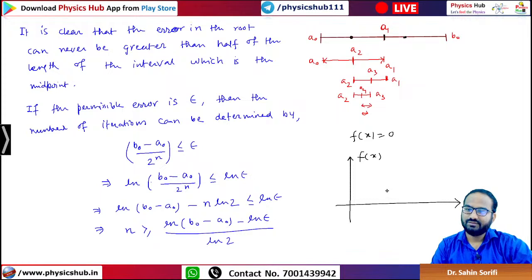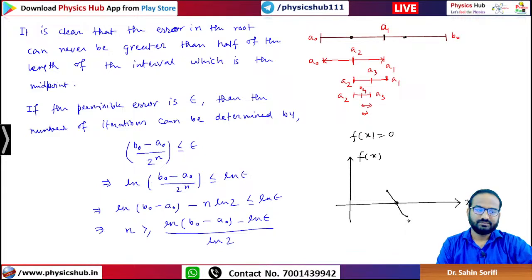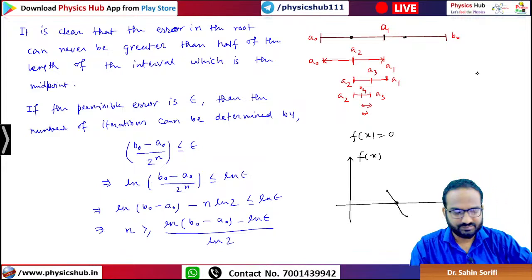If you see one value is positive and another is negative, you can say the root must be lying in between, because that is where f of x becomes 0. Then you will find the midpoint, get two intervals, check the value of the function at those points again, and test whether the product is less than 0. If it is, you choose that interval, make it half again, and the process repeats. Is it understood, guys? Have you understood this method of bisection?